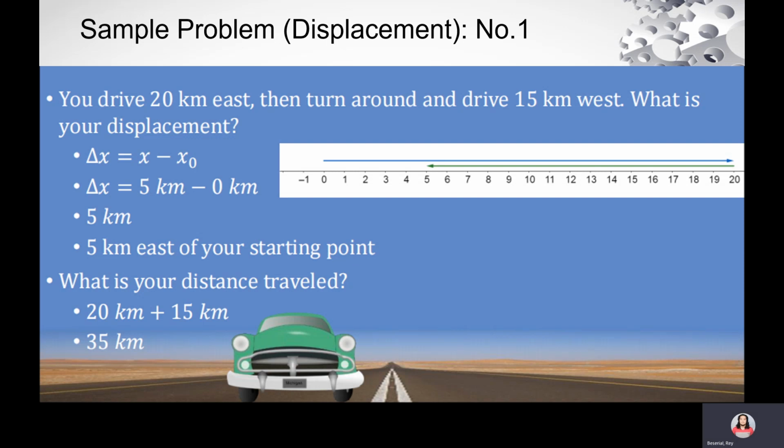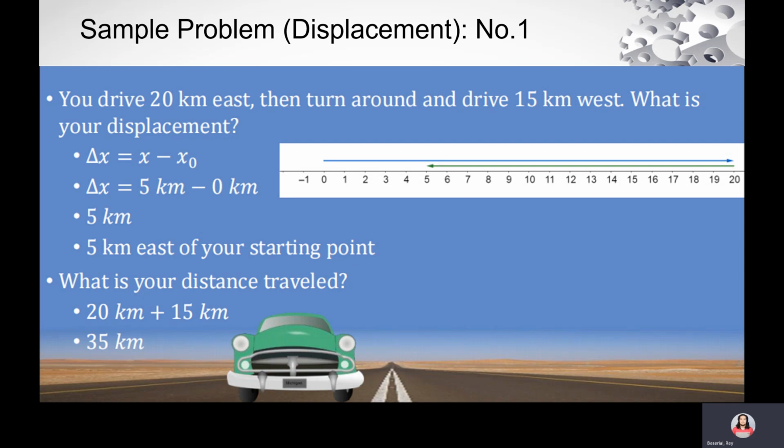Okay. Pero kung ipapasok natin siya sa ating formula na delta x equals x minus 0. So, naging 5 minus 0. Dito na siya kuha ng reference point. Pero kung ito ating ipasok, kumbaga yung ating initial position is nasa 20 kilometers, so 20 minus 15. So meron tayong negative 5.